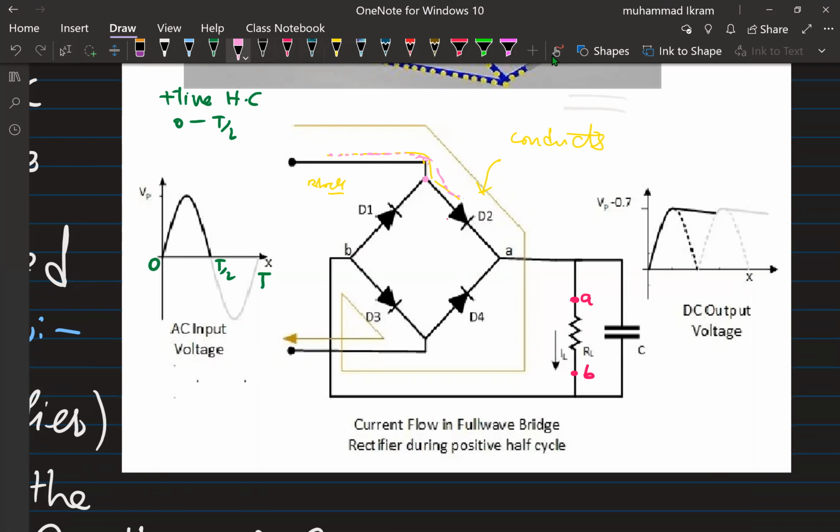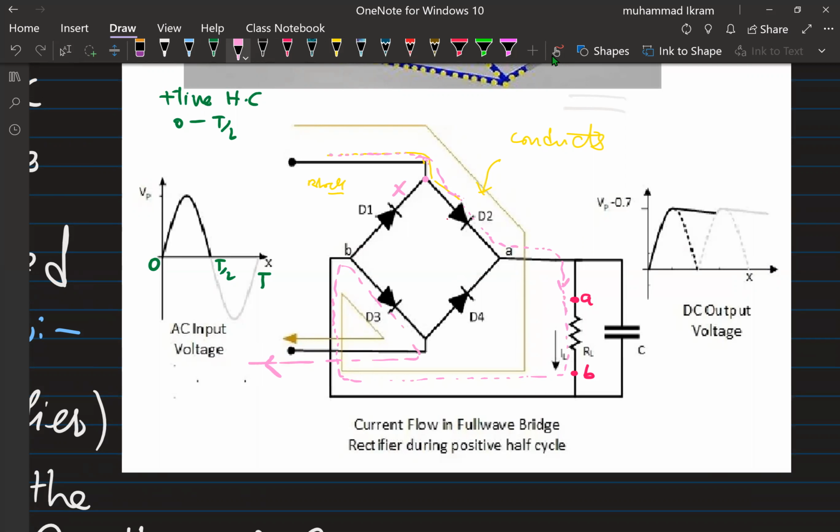Look, the current passes through this one during the positive half cycle and returns back.